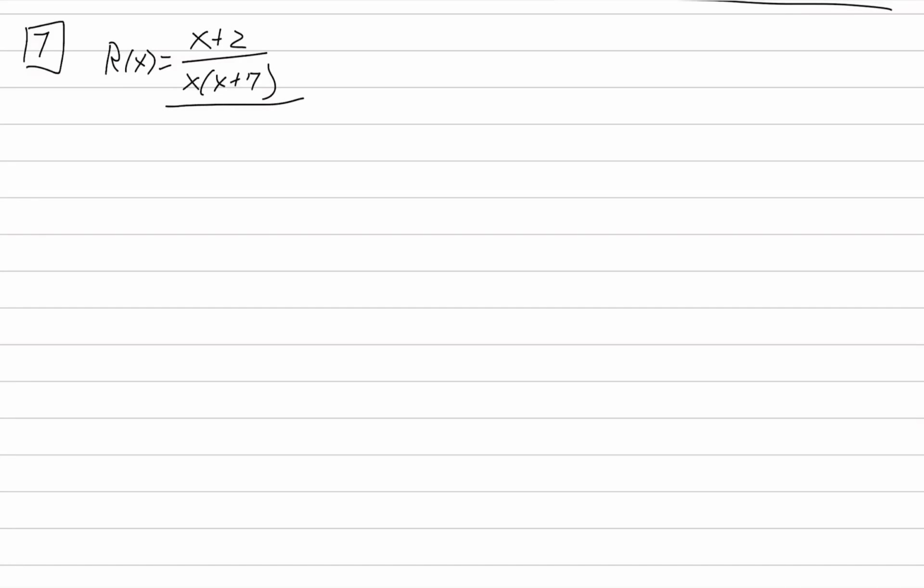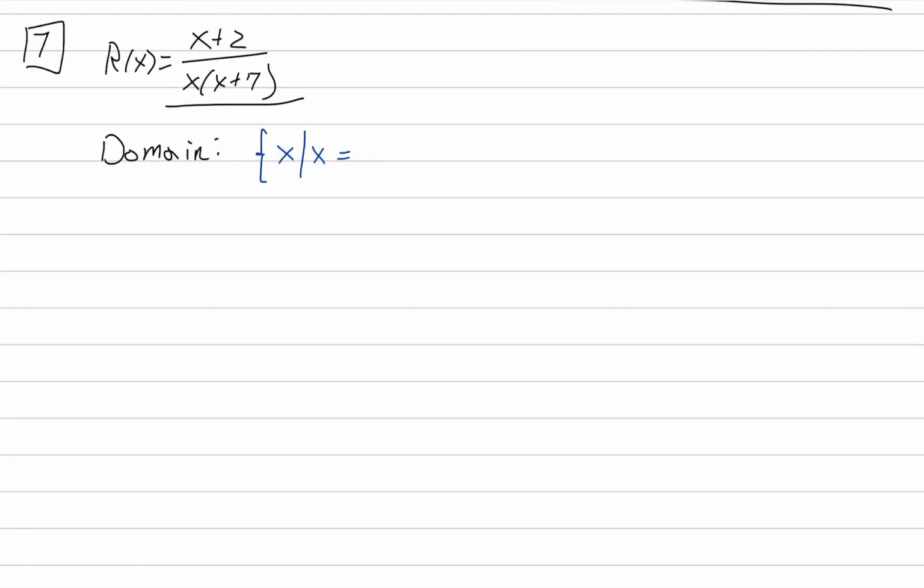Okay, this is the first part. And the second question is, what is the domain? Right? So for the domain, we have to find it before we cancel anything out. Even if you can cancel something in the numerator and denominator, we do not cancel anything out. So here, what values can we not have in the denominator?